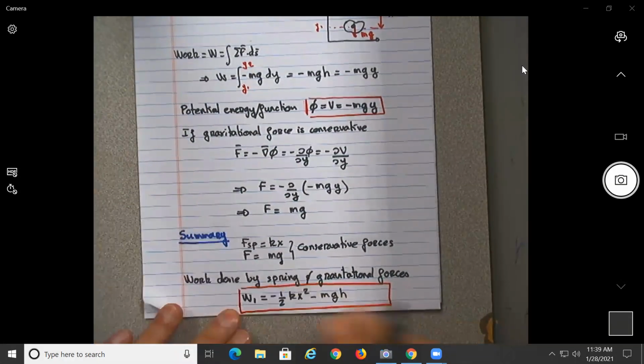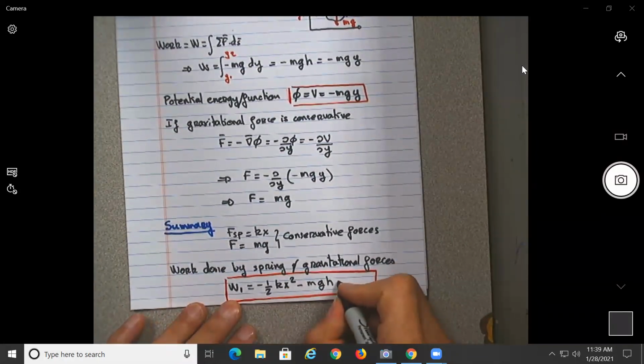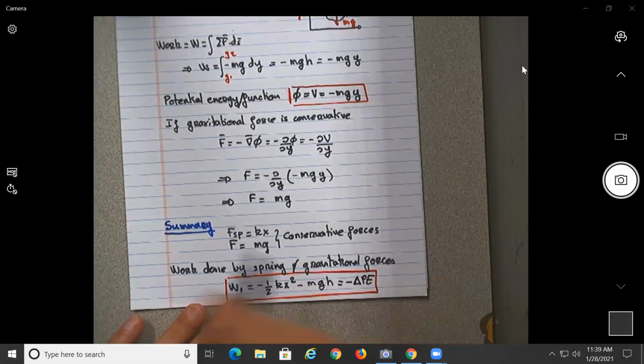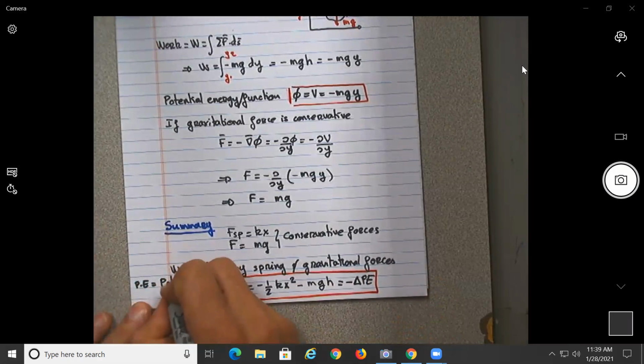But basically, what you can say at the end is that the work done by conservative forces will be equal to what? The negative of the change in potential energy, where PE here will be, I use potential energy because I know you like it, so otherwise I will never put it there.